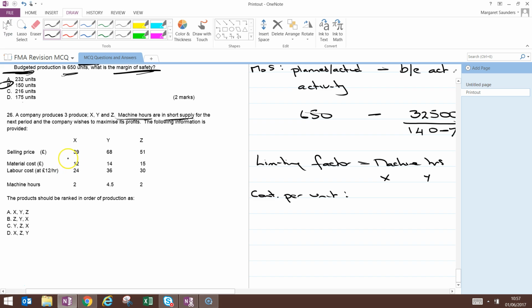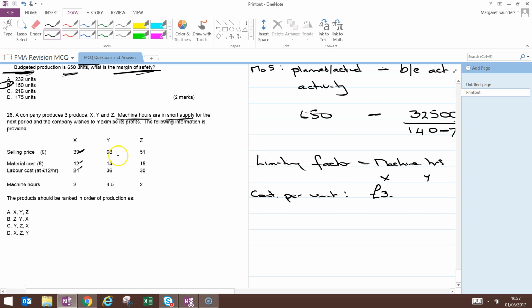So if we look at the question for product X, we've got a selling price of £39 and we have variable costs of material and labour, so 12 and 24. So the contribution 39 minus 12 minus 24. So that is £3.